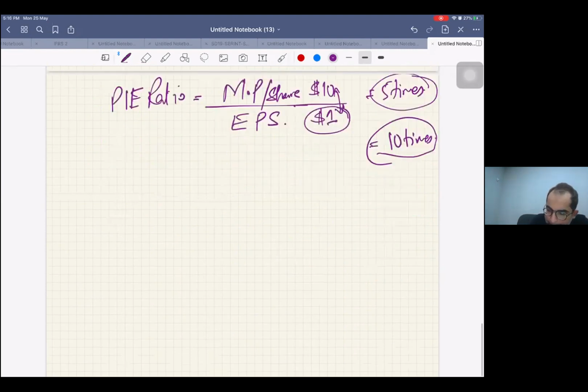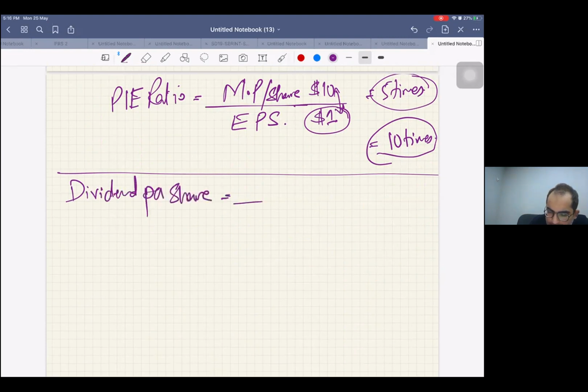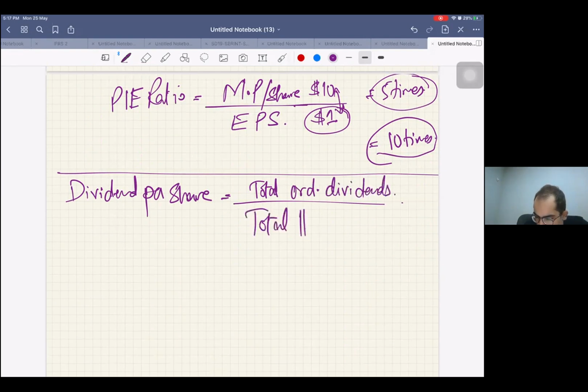Now there is one more ratio which is just a formula, that is dividend per share. The simple formula is total ordinary dividends divided by total number of shares issued.